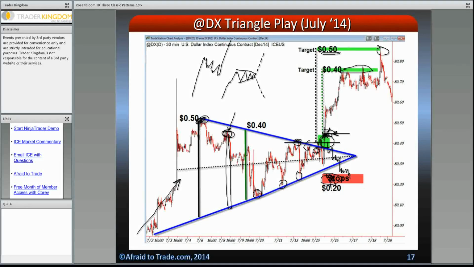Triangles, for the most part, should break in the direction of the prevailing trend. Doesn't mean they will, so don't treat a triangle as you would a flag. They're not the same thing. Flags are retracement pro-trend patterns. Triangles are neutral consolidation breakout patterns.